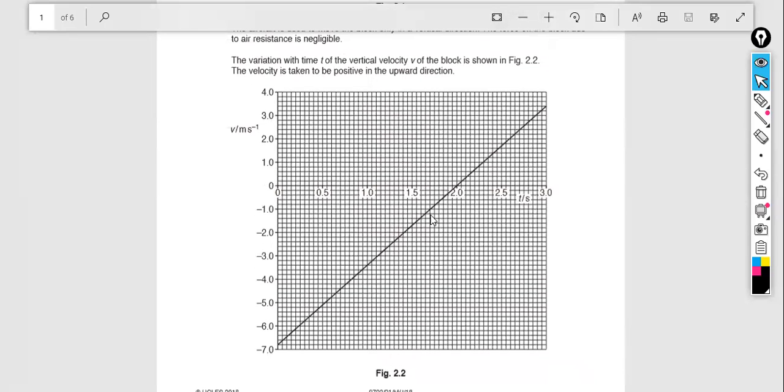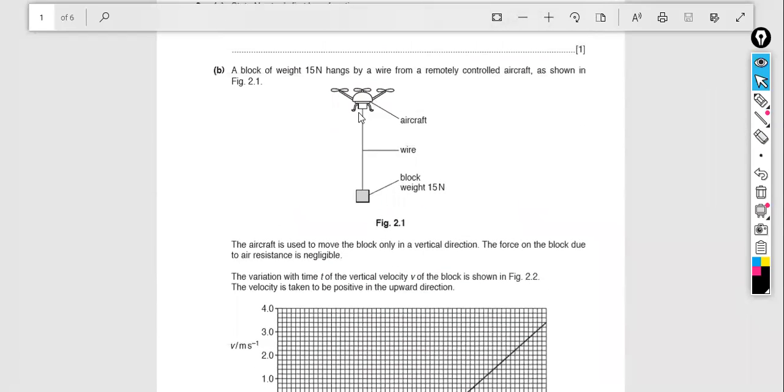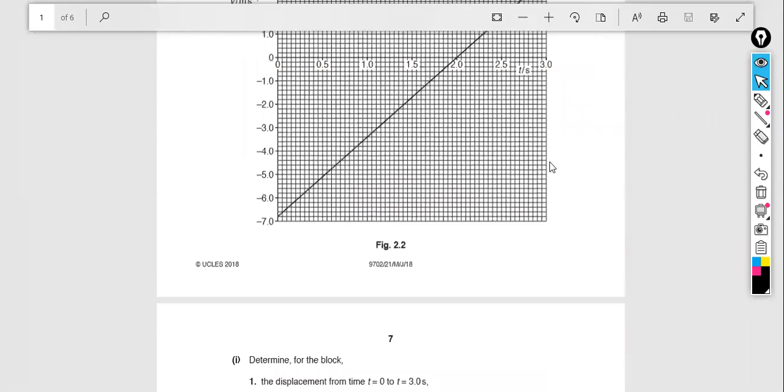I have to picture this in my mind. I want to interpret this data. What's really happening here? I think about it as somebody dropped this thing out of a window, like, all right, the moment I drop it, let's turn it on. I'm just going to drop this drone out of a window here, and it's got a string with a block on it. And so the thing is moving downward pretty fast, right?